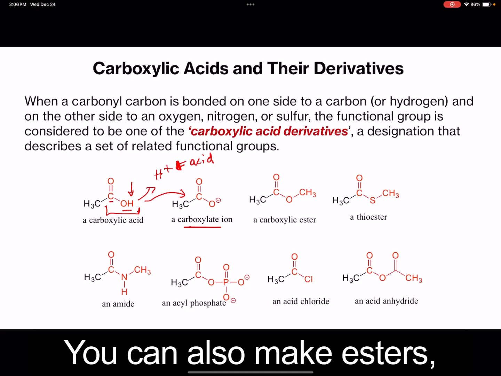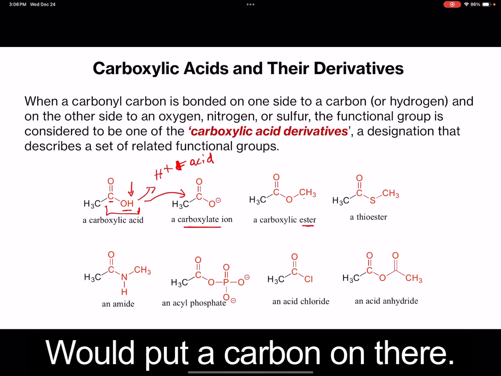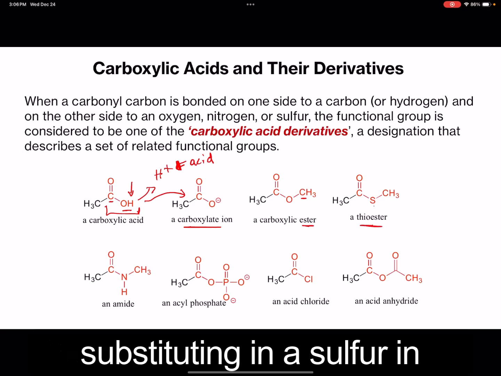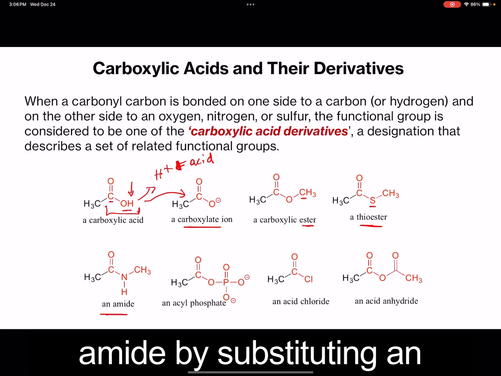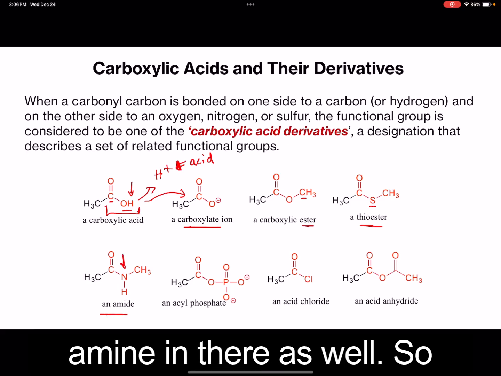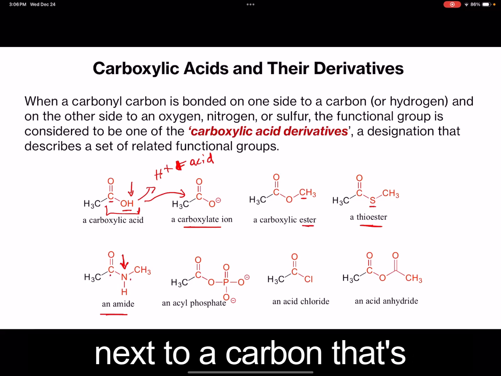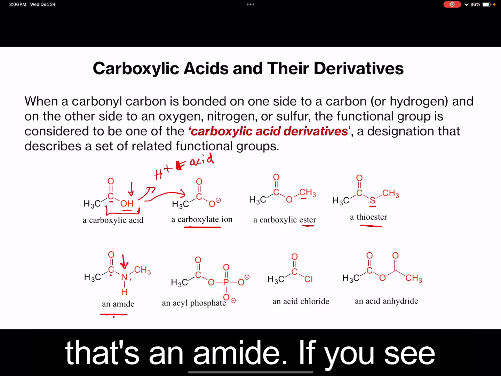You can also make esters. Carboxylic esters would put a carbon on there. You can make a thioester by substituting in a sulfur, and you can make an amide by substituting an amine in there as well. Anytime you see nitrogen next to a carbon that's double bonded to oxygen, that's an amide.